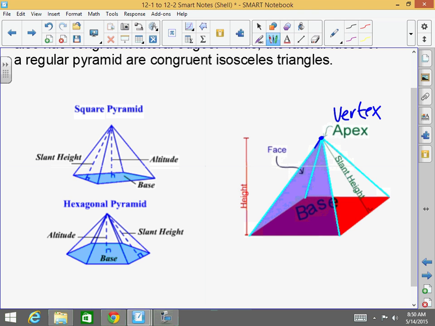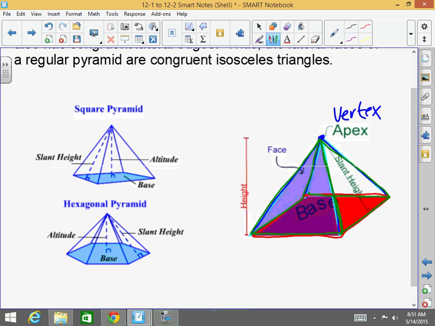This is the point that all lateral edges go to, or where all lateral edges intersect. You have a base upon which the pyramid lies. And every single face of the pyramid is a triangle.